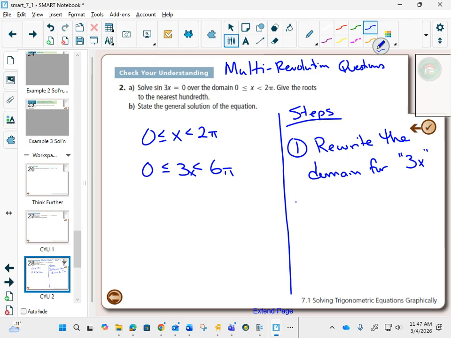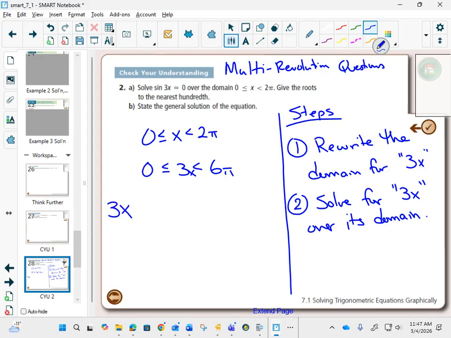Step 2, solve for 3x over its domain. So when we're solving for 3x, we write 3x equals. Just like if it was theta, you would write theta equals. If it was just an x, you would write x equals.